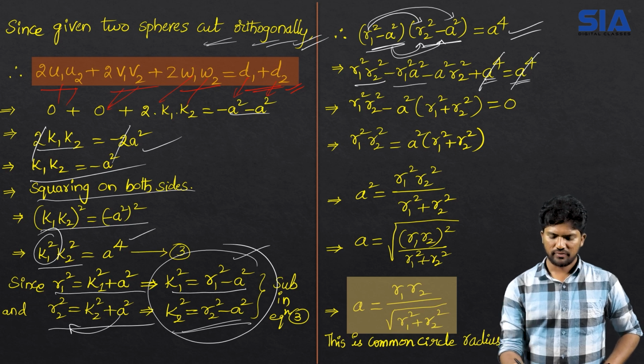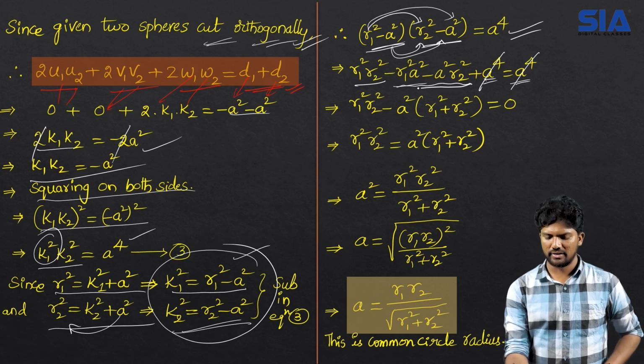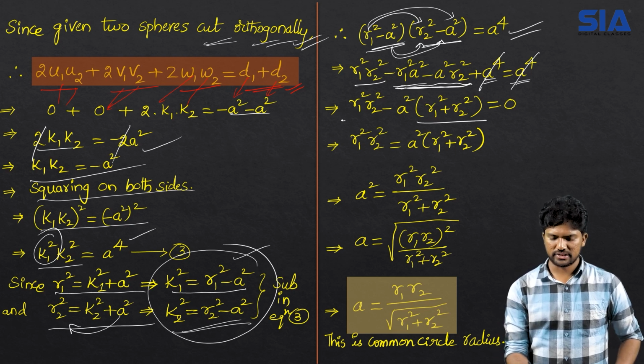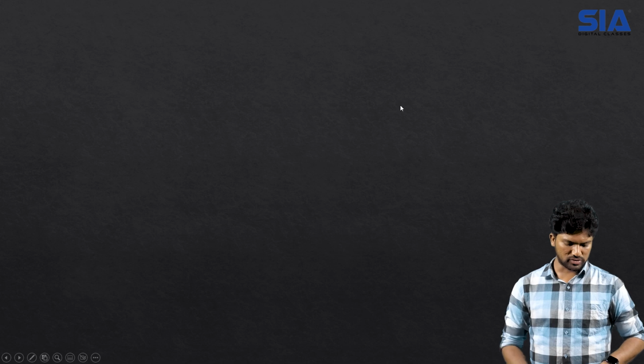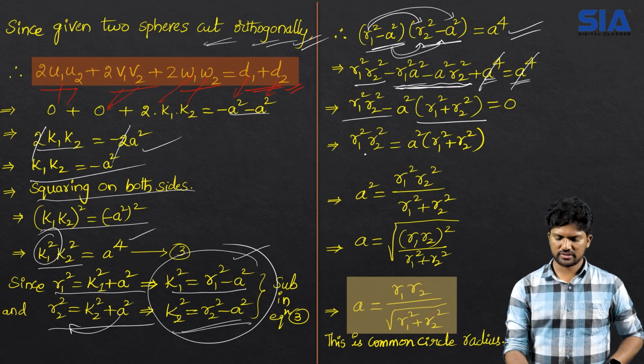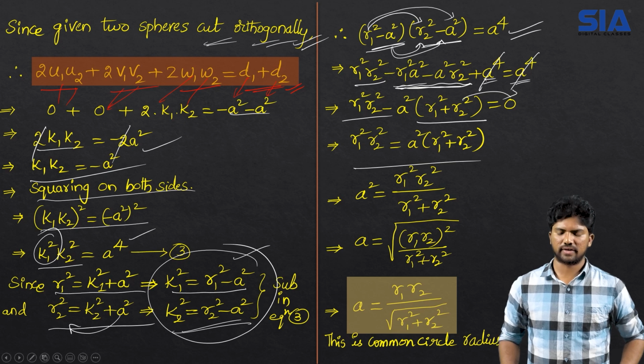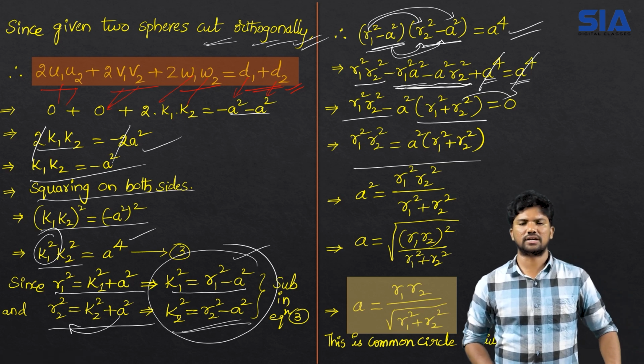From the remaining two values, take minus a square common: r1 square r2 square minus a square into r1 square plus r2 square equals 0. Send this negative value to the RHS, then r1 square r2 square is equal to a square into r1 square plus r2 square.